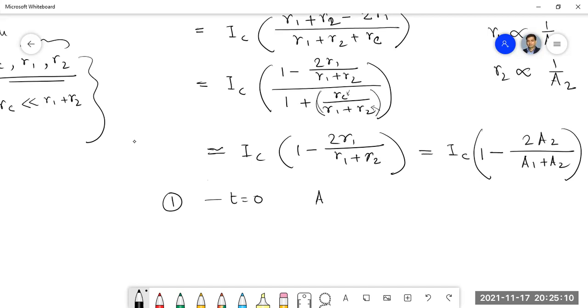Suppose A1 is a large value, but what is the value of A2 in instant 1? Area under the contact segment number 2. 0. Then what will be the value of IC prime? If A2 is 0, it will only be IC.